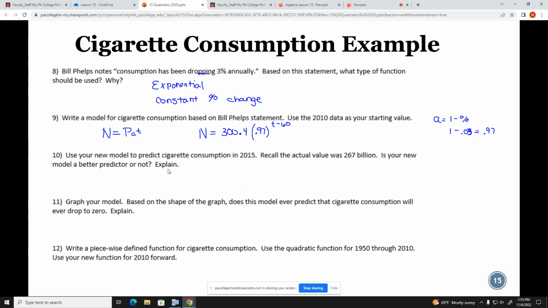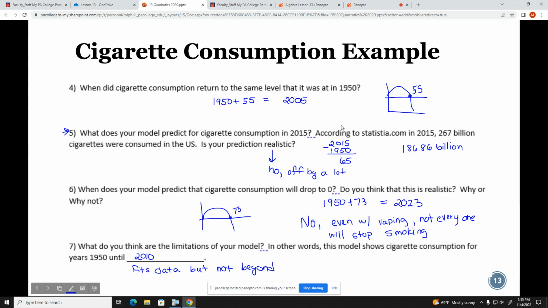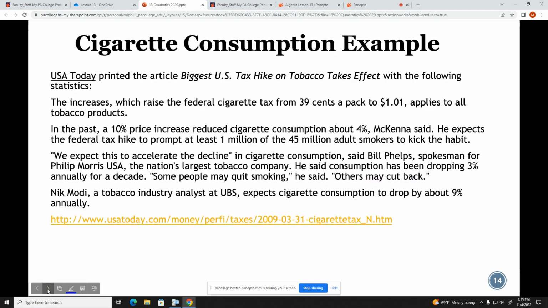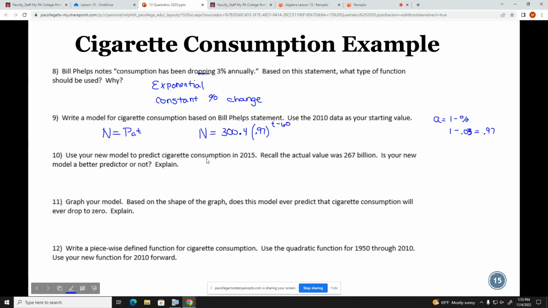So now it says use this new model to predict 2015. So if we remember from before, 2015 was year 65. So I'm going to have N equals 300.4 times 0.97 to the 65 minus 60. I'm putting in the 65 for the time, and so this would be 300.4 times 0.97 to the 5th when I do the math in the exponent.